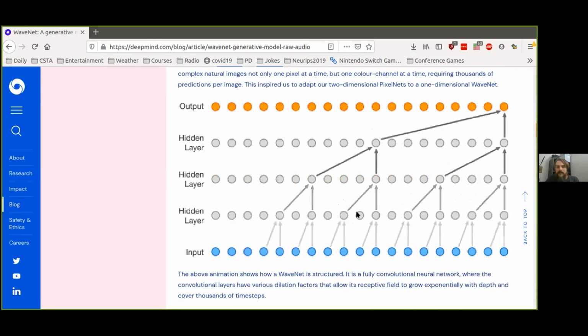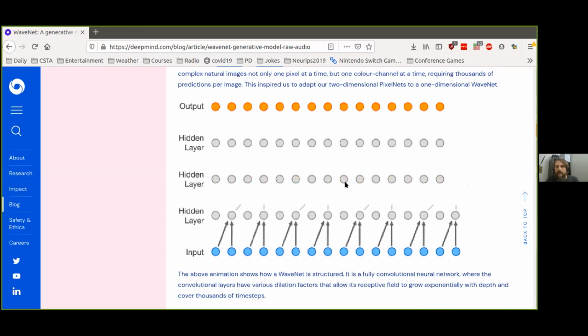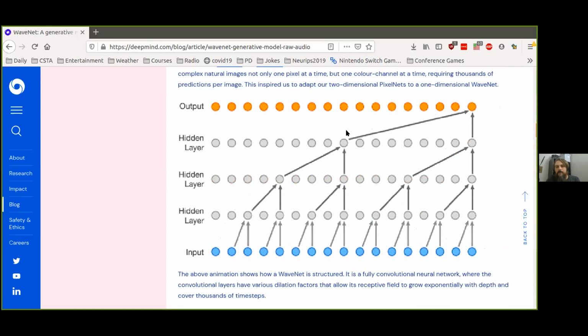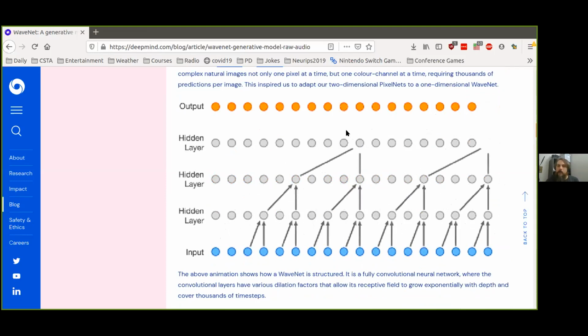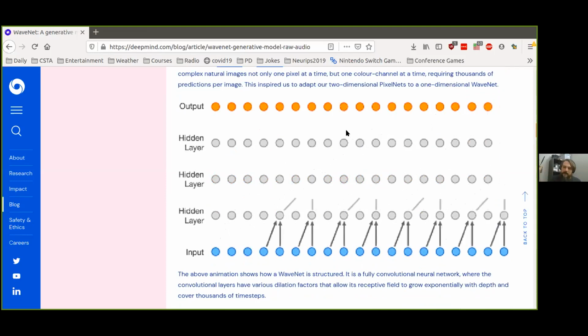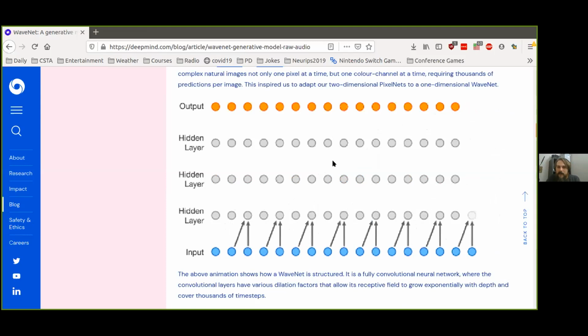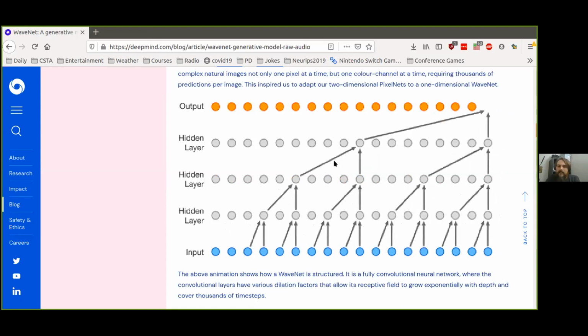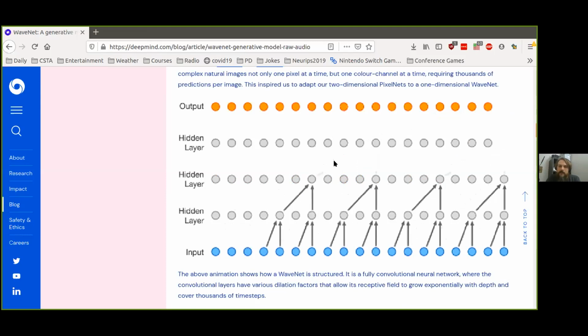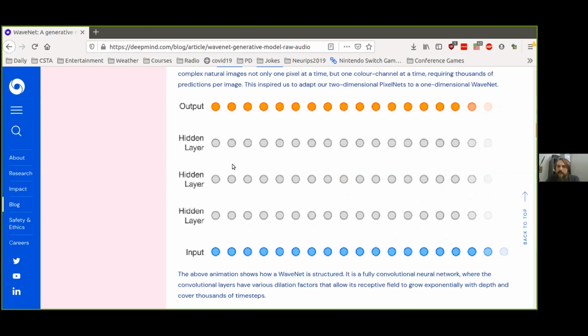The second layer here is skipping 2 samples, and then it's skipping 4, and then it's skipping 8. This gives it a really wide receptive field, so it's able to remember information over a very wide number of samples, and it's exponential in the number of layers rather than linear. That's the clever thing that Wavenet did that makes it good at audio, and presumably is also the clever thing that makes it good in this competition.